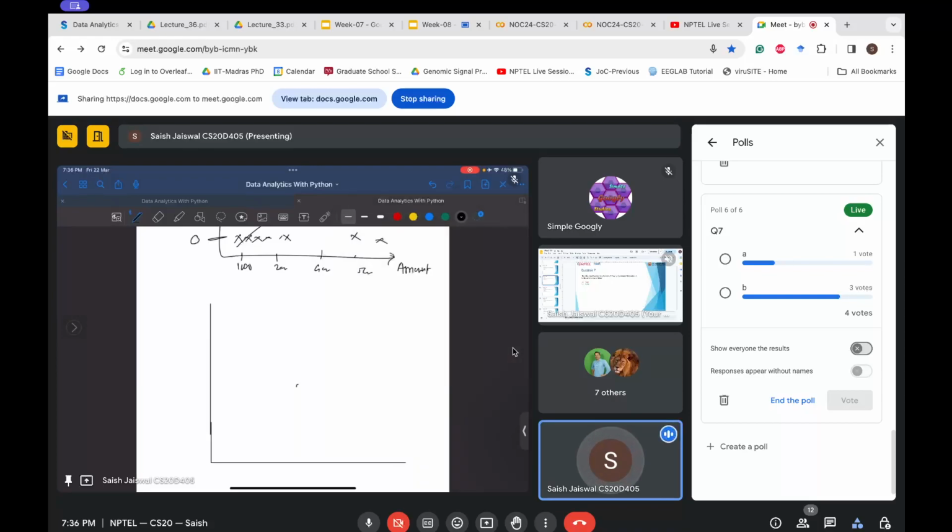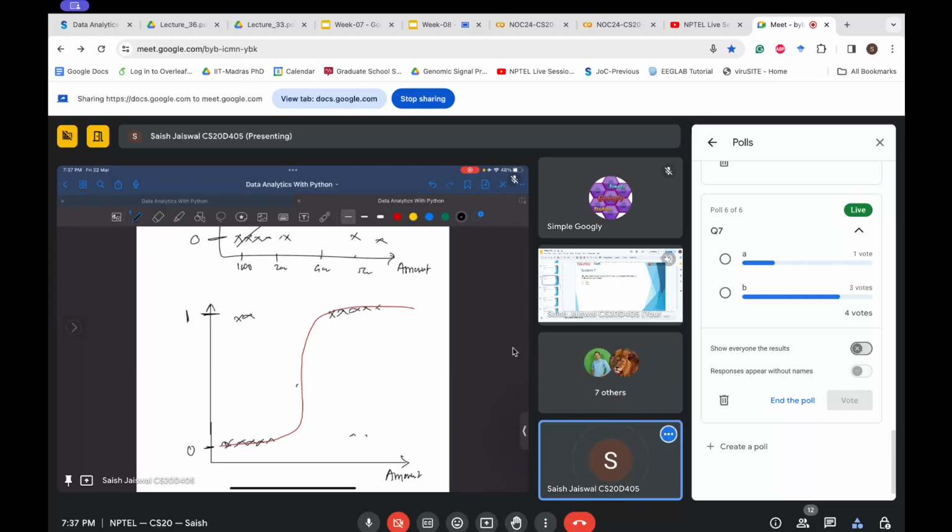Let's say the data points are like this. I'm taking only one independent variable into consideration in this case. And the sigmoid function kind of looks like this. It gives you a probability value between 0 and 1.